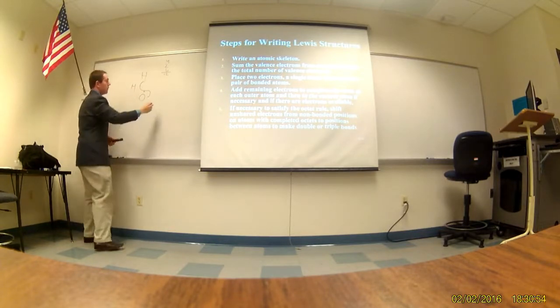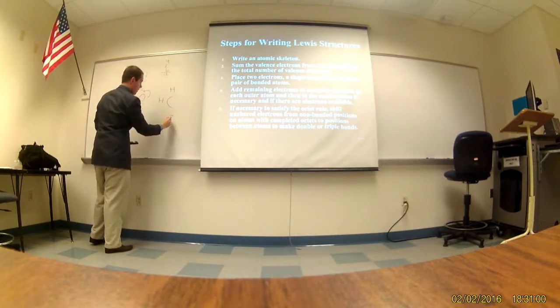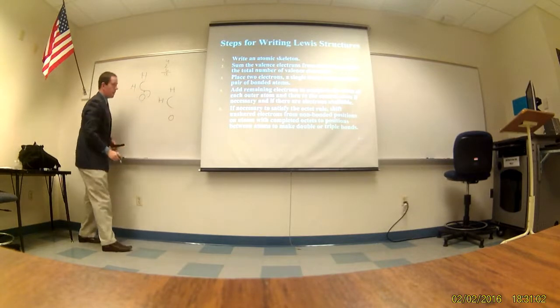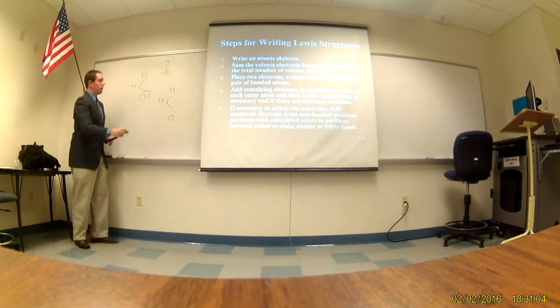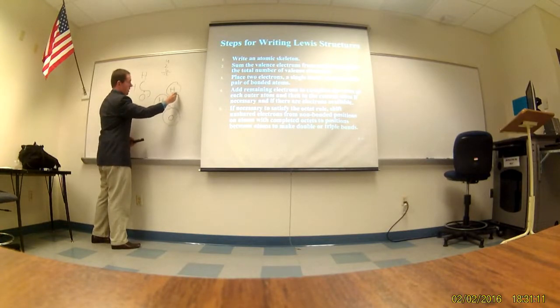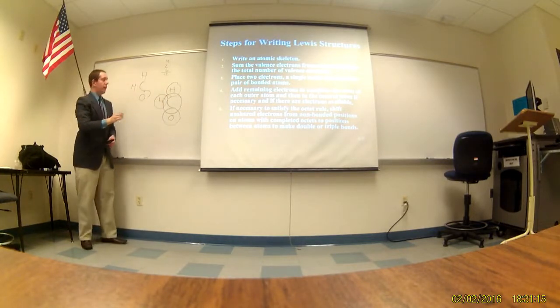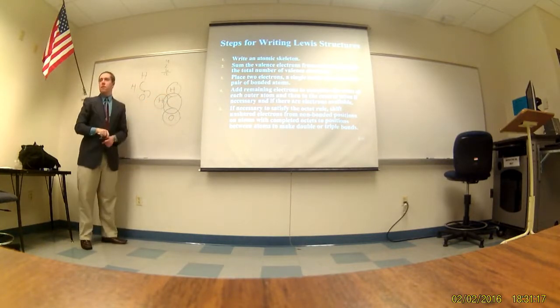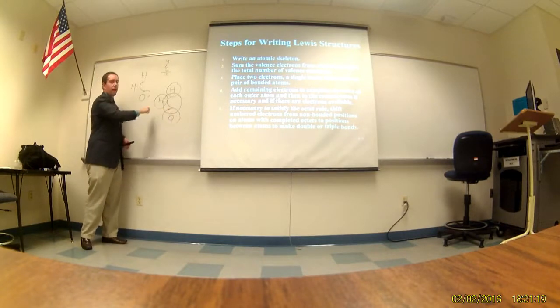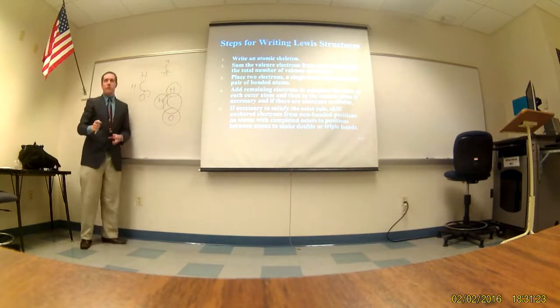Okay? So when I do that, what I end up with is that. So hydrogen has 2, hydrogen has 2, oxygen has 8, carbon has 8, hydrogen made its 1 bond that it likes to make, oxygen made 2 bonds, which it likes to make, and carbon made 1, 2, 3, 4 bonds.